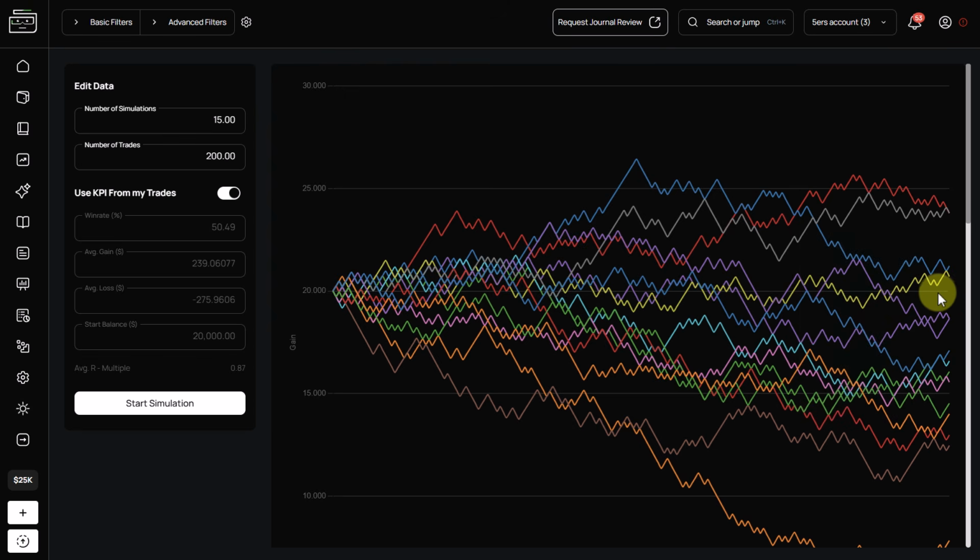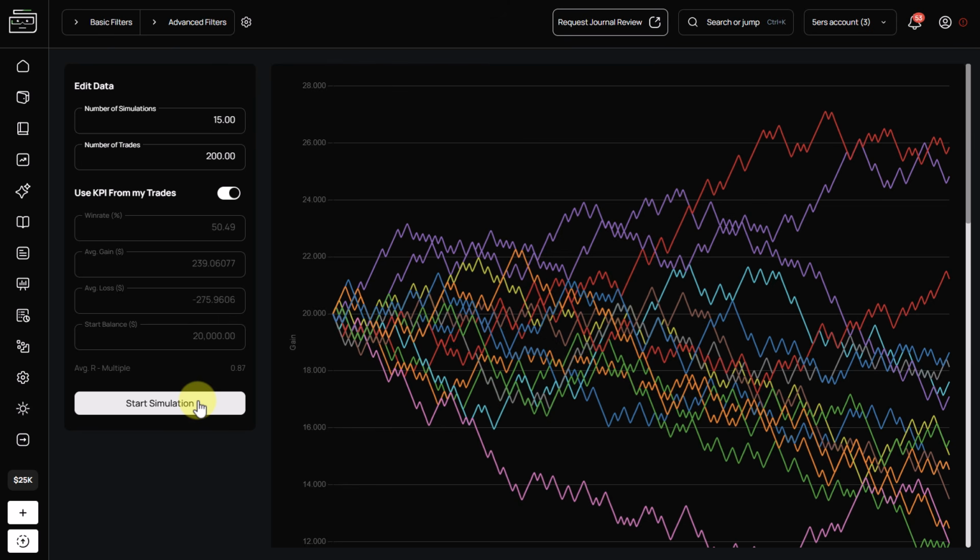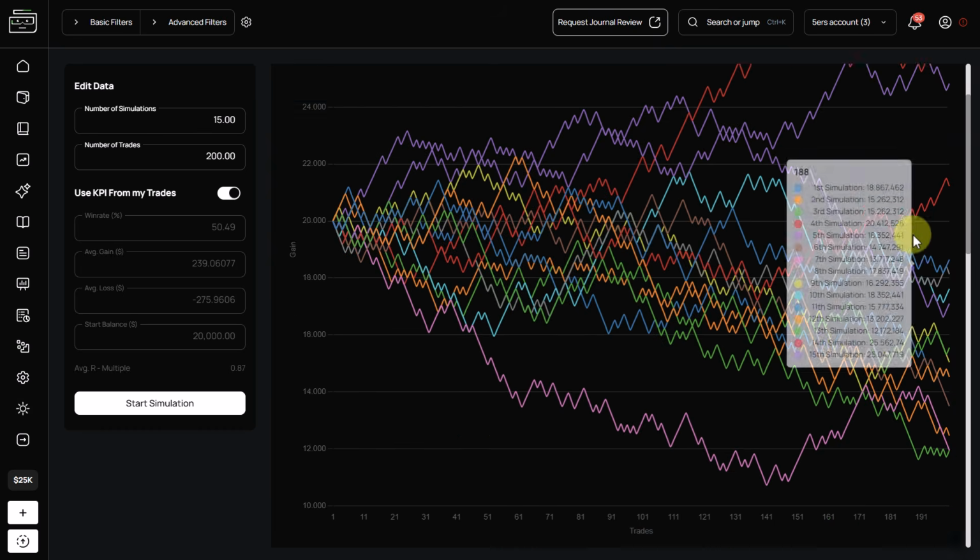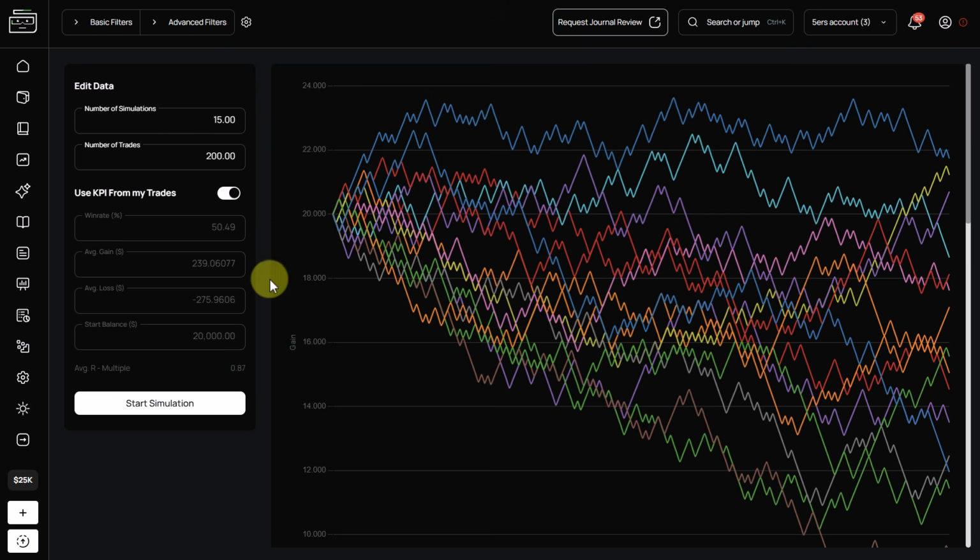Here, this is the 2000 line, and we can see way more lines are below the starting point than above it. We can click on this a few times to confirm that, and you can see we have 1, 2, 3 lines above the starting point and 12 below that. So we can see that he is right at this break-even threshold, but slightly losing.